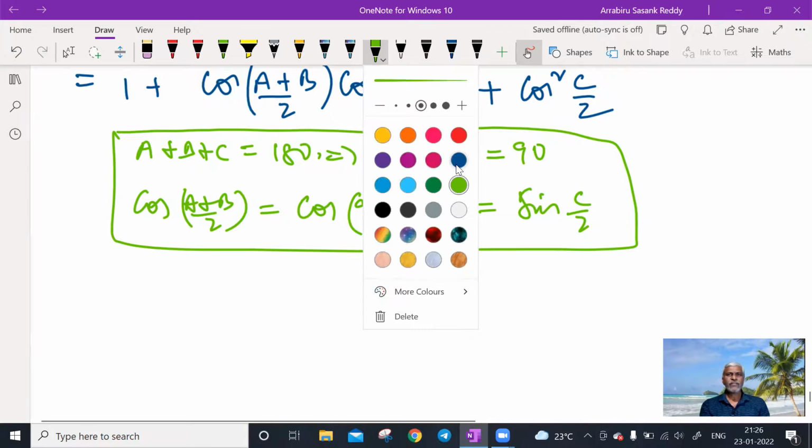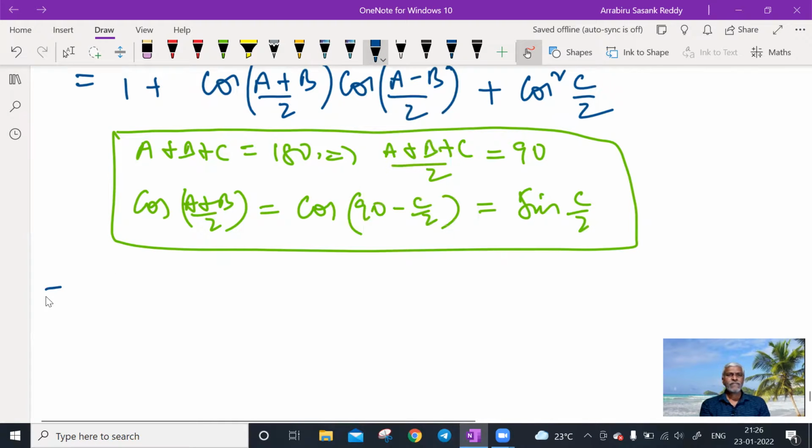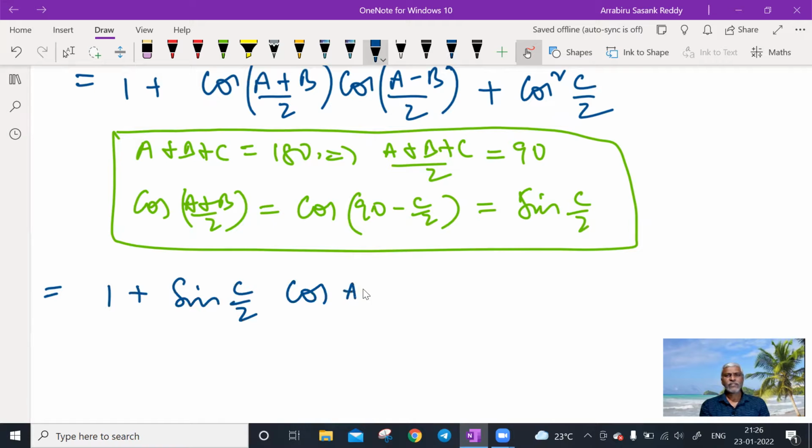Now writing cos (a plus b) by 2 as sin c by 2, and the remaining same, cos (a minus b) by 2 plus cos square c by 2 can be written as, cos square is 1 minus sin square.